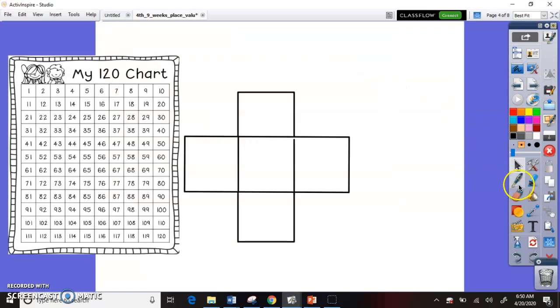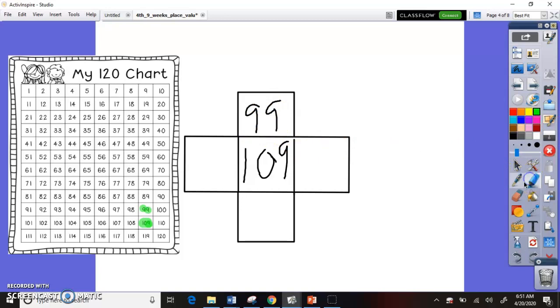Next, I'm going to do 10 more, 10 less, 1 more, and 1 less than the number 109. So let's start by finding the number 109 on the hundreds chart. Here's that number. I know the number that is directly above is the number 10 less than 109. That number is 99.